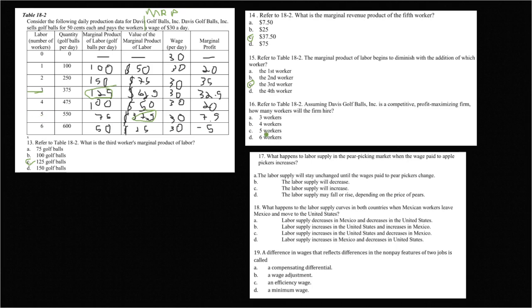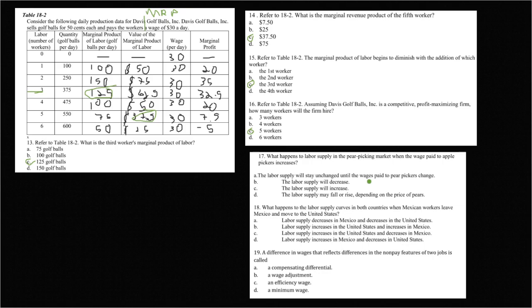So you're not going to do 6 workers because you're going to be losing money. But at 5 workers, you will have the most amount of output. And so you want to hire up until the point where it's negative. So basically just before that. Okay.